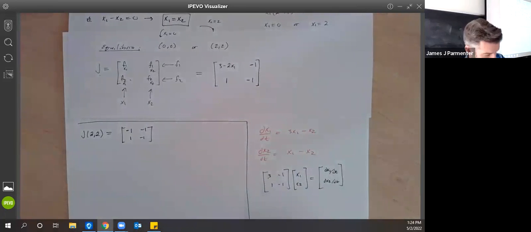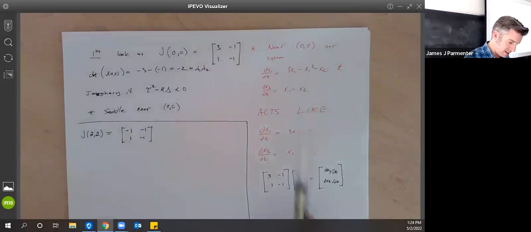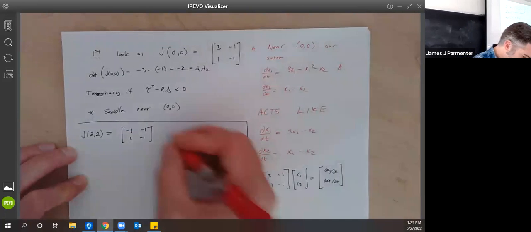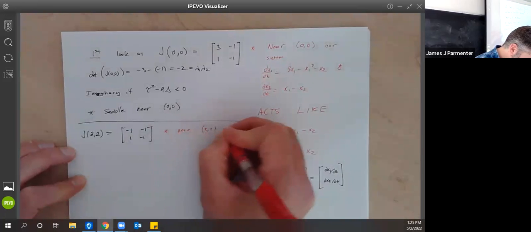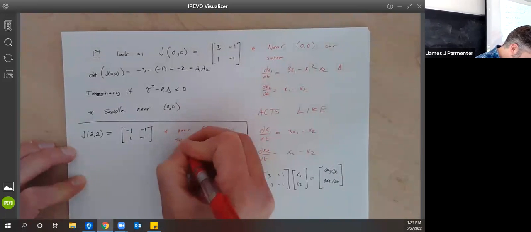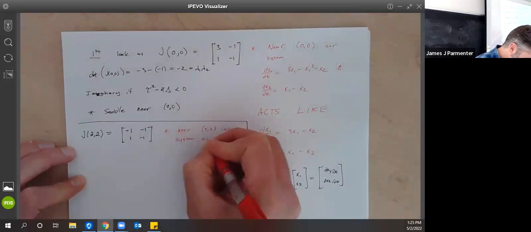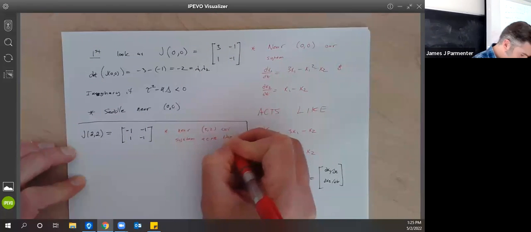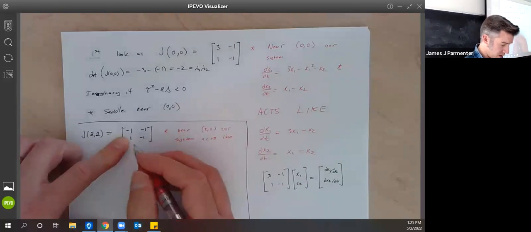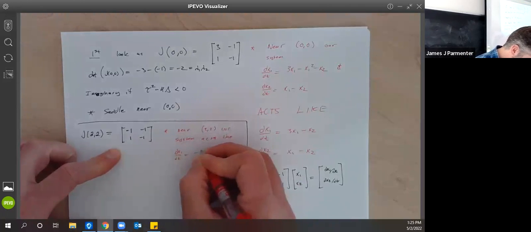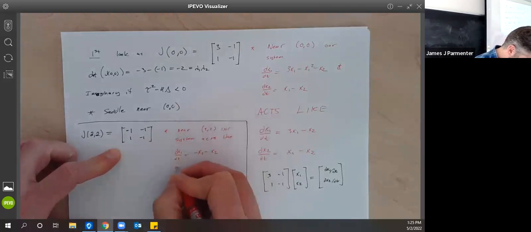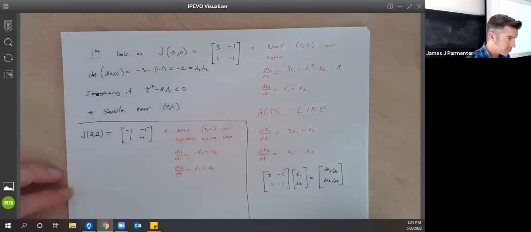Just like I said over here, near the point 2, 2, our system is acting like the system where these are our coefficients: dx1/dt equals -x1 minus x2, and dx2/dt equals x1 minus x2.